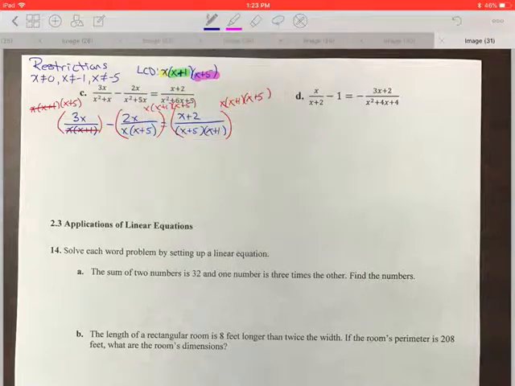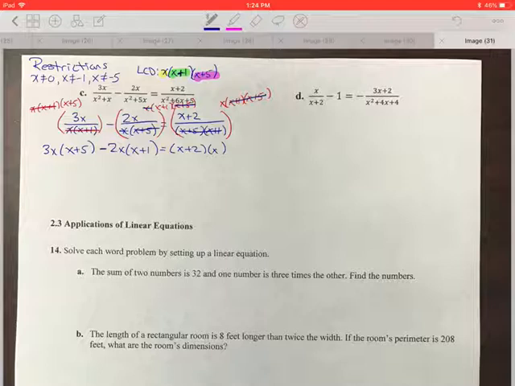And I'm going to be left with the 3x times the x plus 5. Then I'm going to keep the minus sign. I'm going to move over. The x and the x plus 5 cancel. And I'm left with 2x times x plus 1. And then the x plus 5 and the x plus 1 cancel. And I'm left with x plus 2 times x.